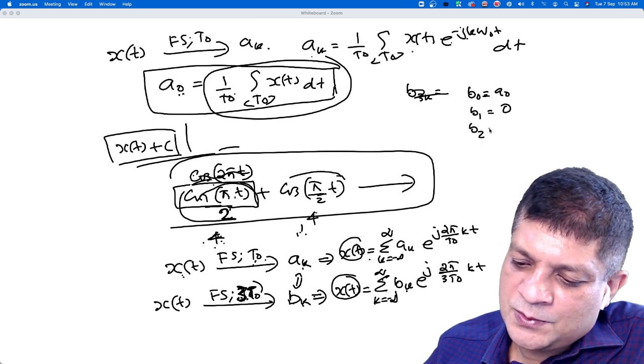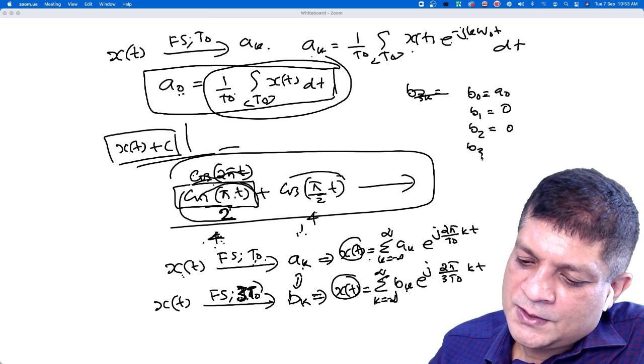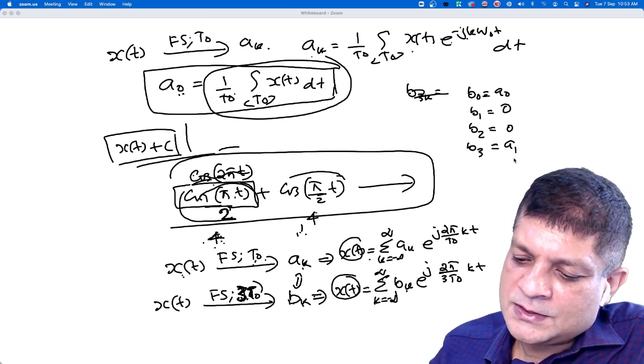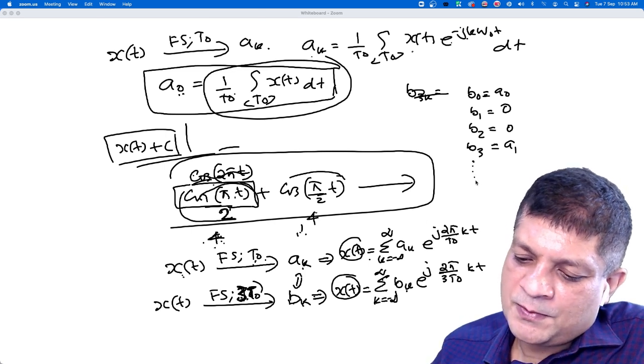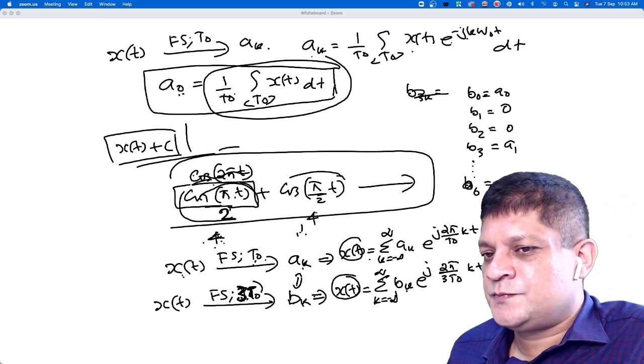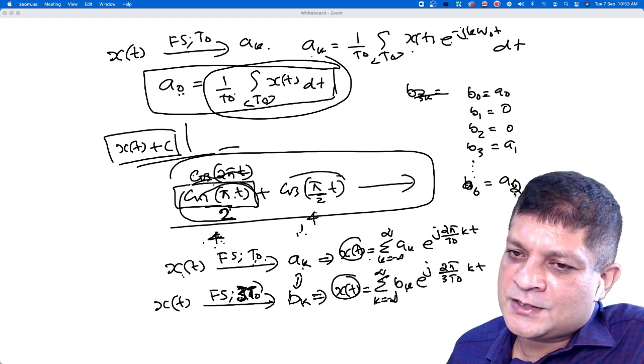Then what about b_2? 0. b_3? a_1 equals a_1. b_3 is a_1. And if you keep on doing that, b_6 is a_2. And on the negative side also you will get a similar expression.